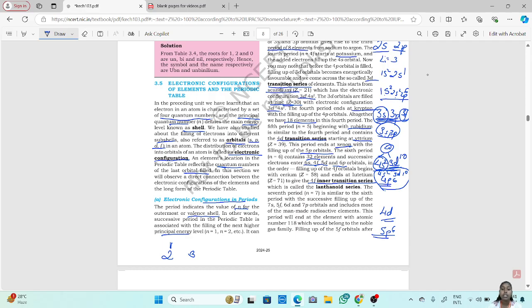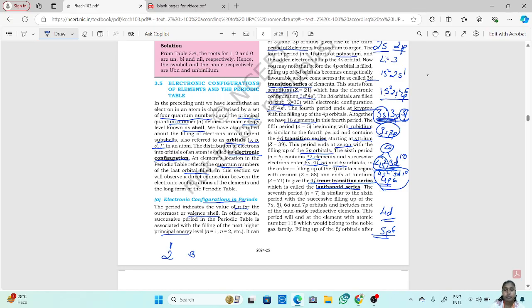So in the sixth period, apart from the transition series, we have something called the inner transition series, where the F block or F orbital is involved, which is called the lanthanide series. Okay, sixth period also has a lanthanide series, and sixth period has altogether 32 elements in it.